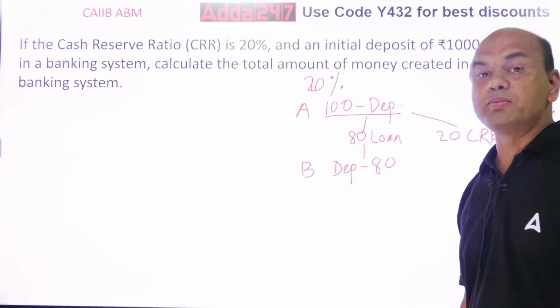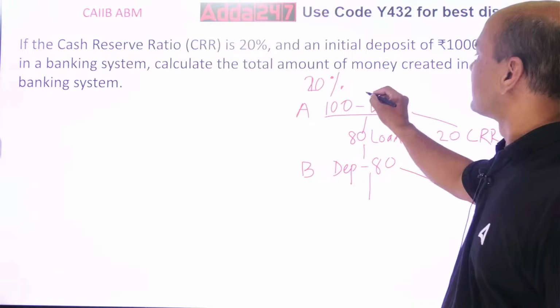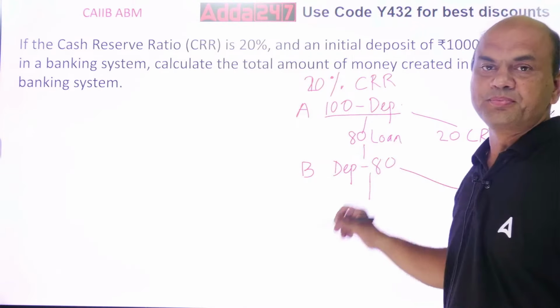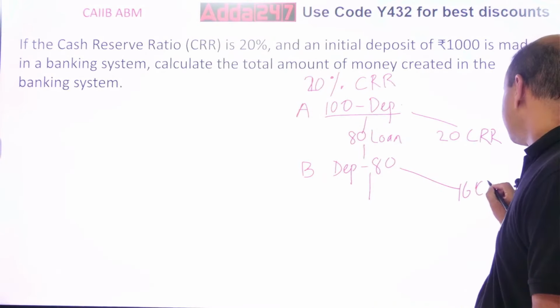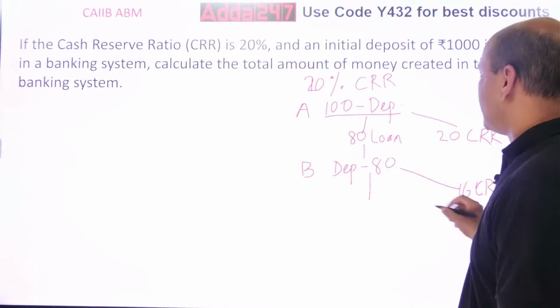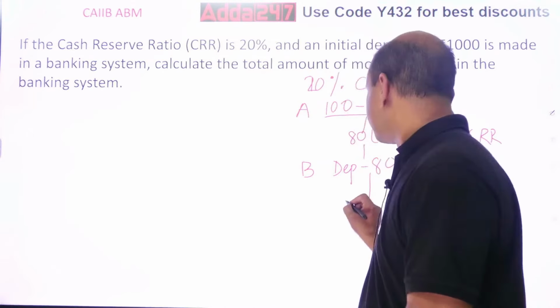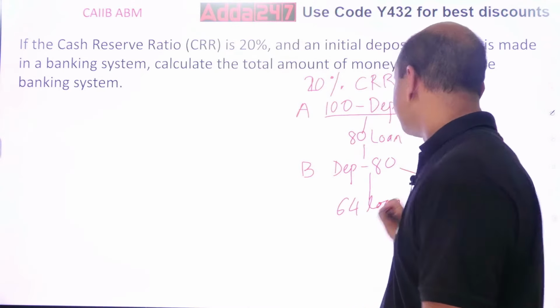Now what will bank B do? Again the same thing. 20% is the CRR, so 20% of 80 rupees is 16 rupees, which will be kept with RBI as CRR. And 80 minus 16 is 64, which will be given as a loan.